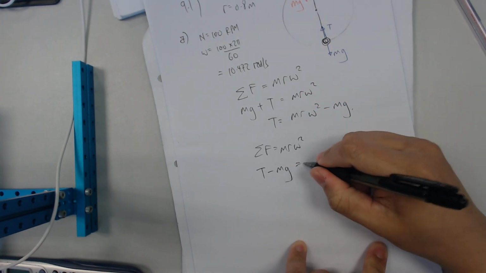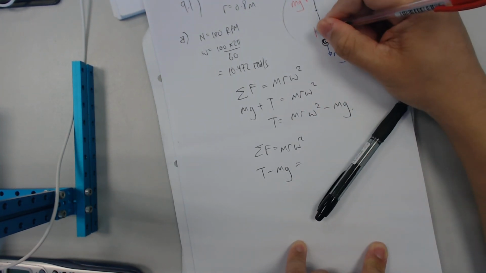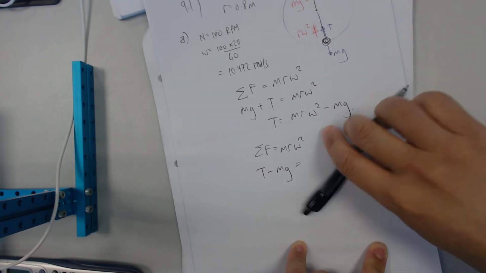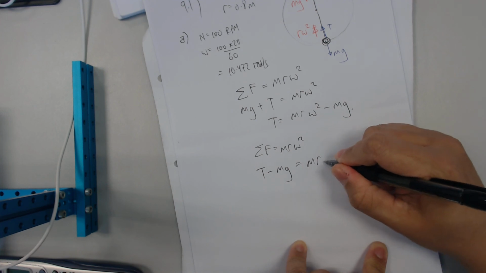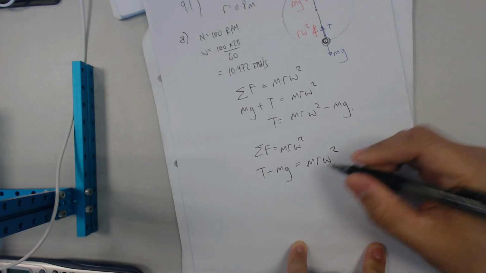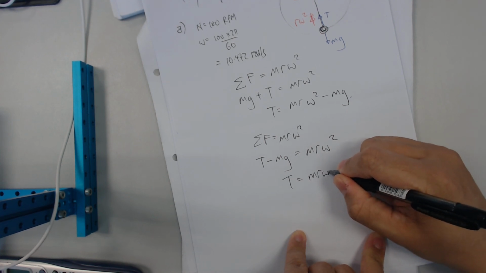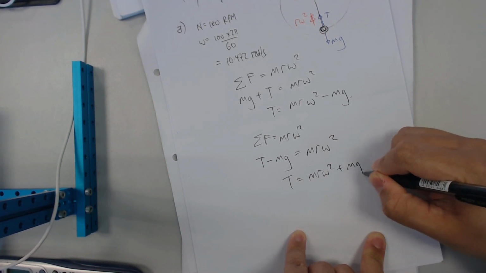So the tension expression is m r omega squared plus mg.